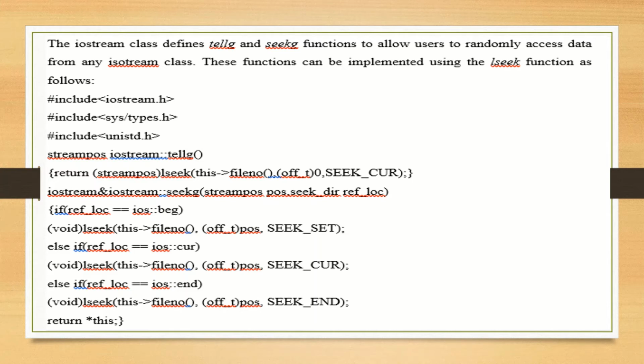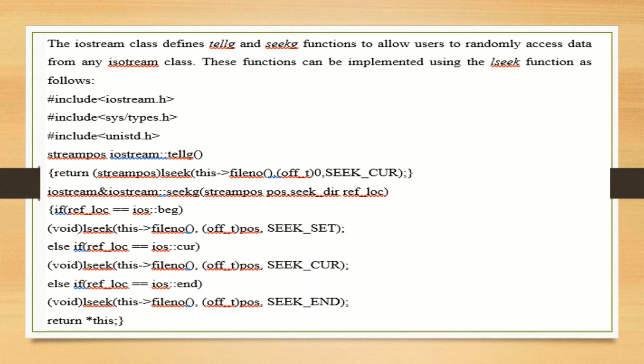This pointer is assigned file number, comma, offset 0, SEEK_CUR. Where the cursor is, you want to check that one. And one more is there, iostream, seekg of the iostream class.